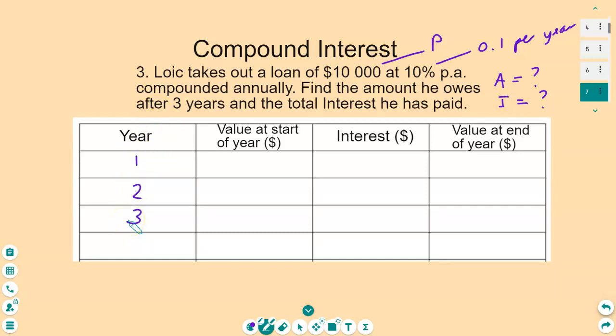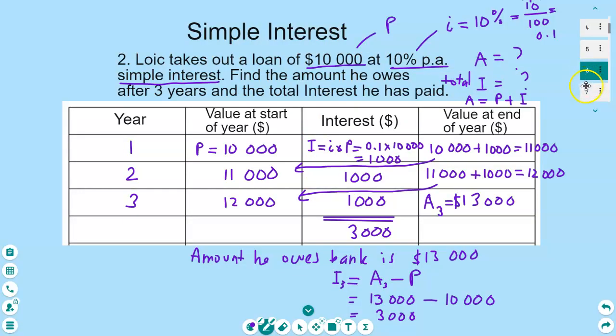Just going to do it manually to begin with to get a feel for how the formula works. So the value at the start of year. Okay. So that's our principal. Right? The interest is, once again, let's check that little formula that I had.